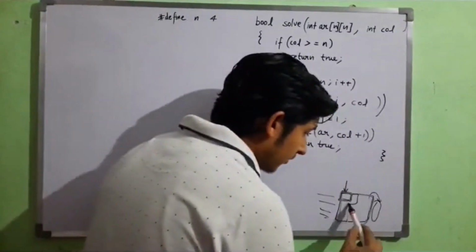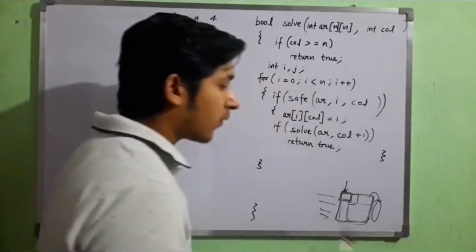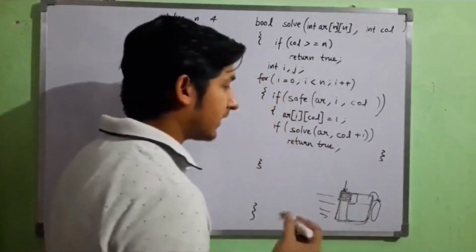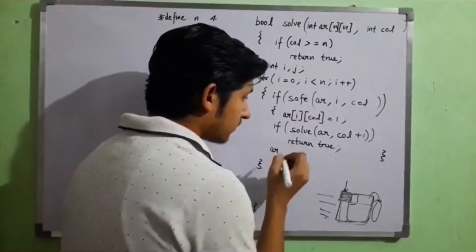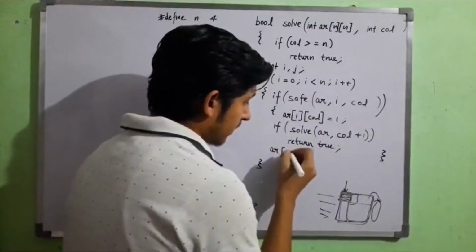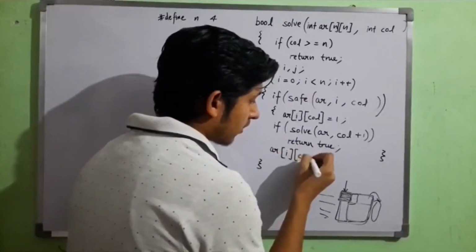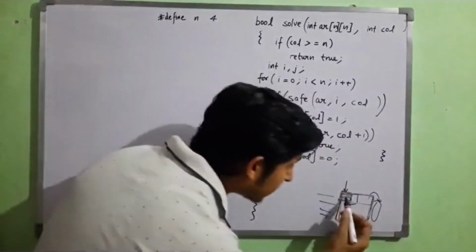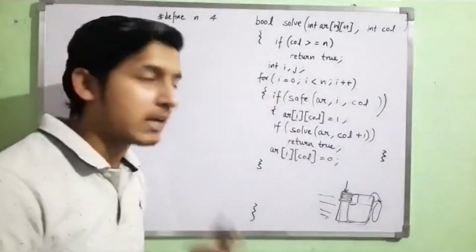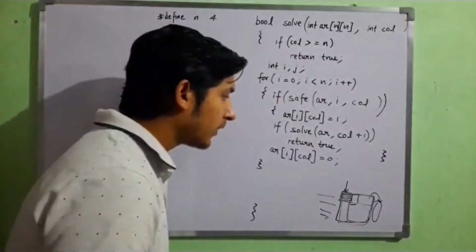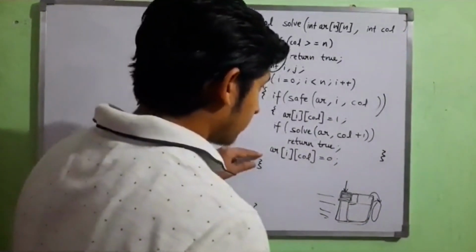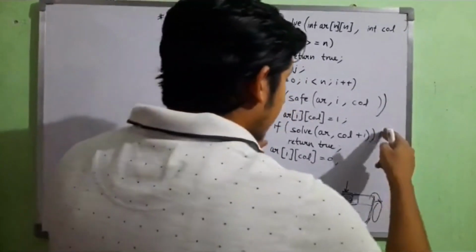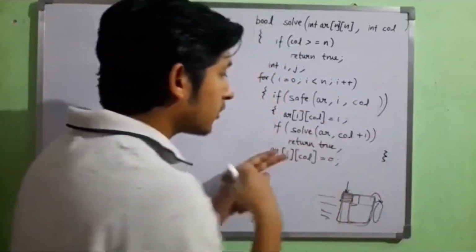So if I can't solve the subproblem, what I'll do? Firstly, I'll put this to 0 again. So a[i][column] equals 0 again, because this one is not helping me to get the solution. So where should I place this? It should be placed outside of this, because if it can solve this, then it will just solve and return true, over.